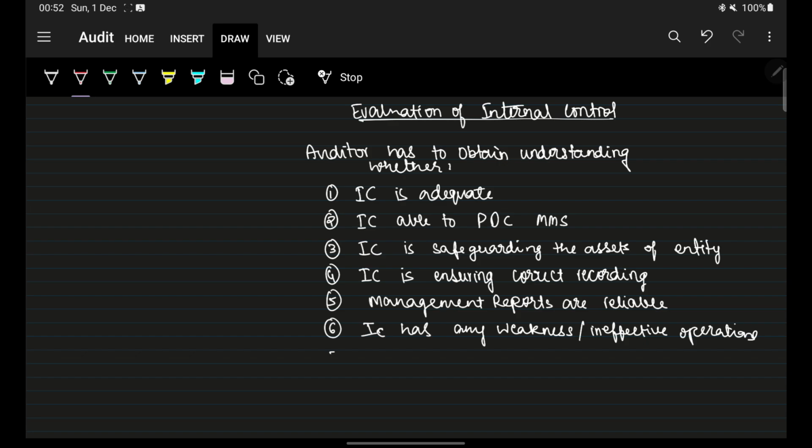Okay, seventh point, whether the entity has an effective internal audit department.